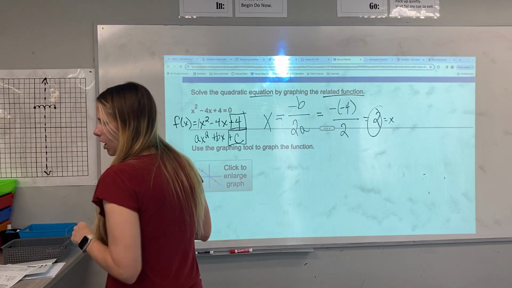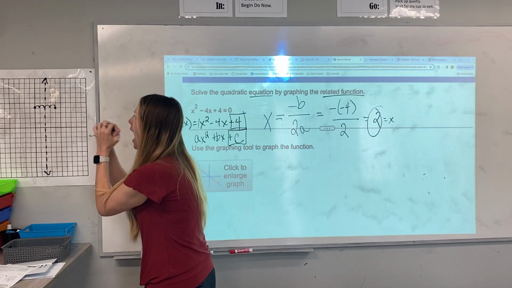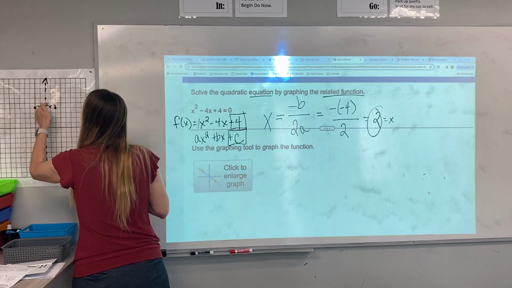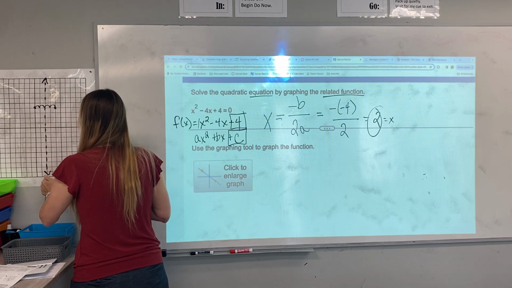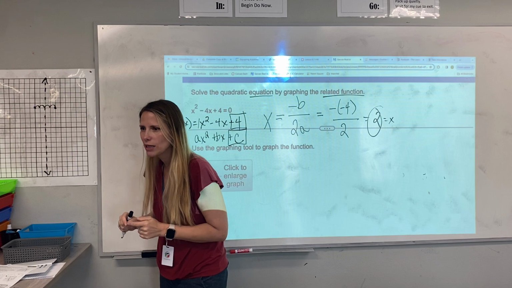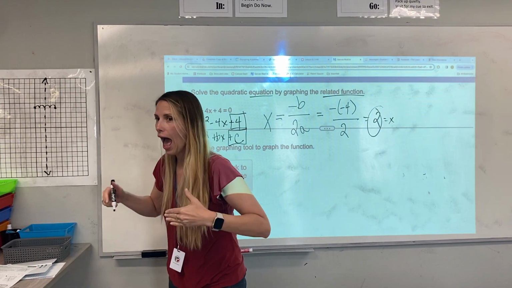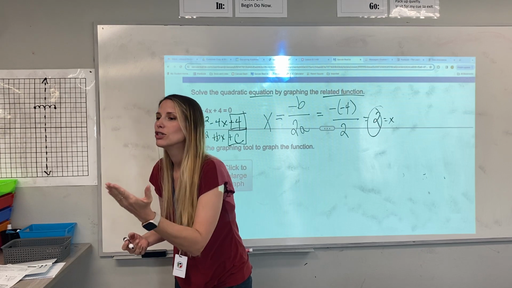Okay. If the vertex has to be somewhere on this line, yes, we know that the x value of the vertex has to be 2.